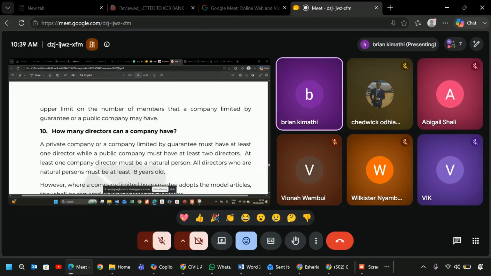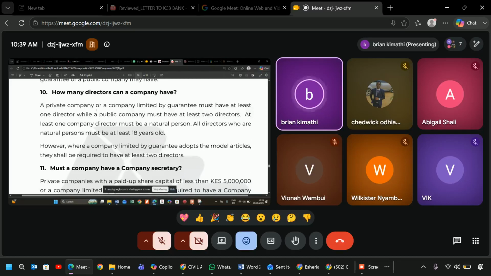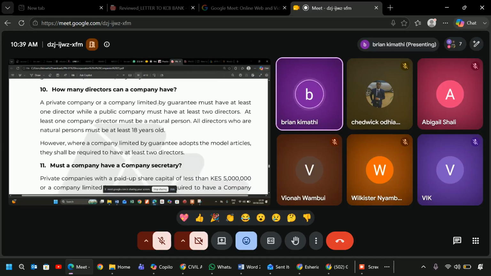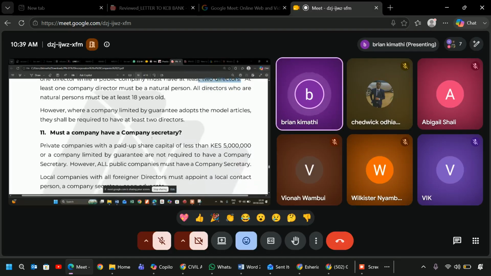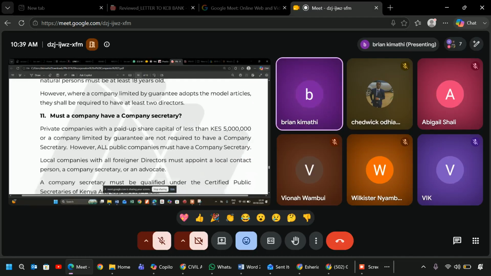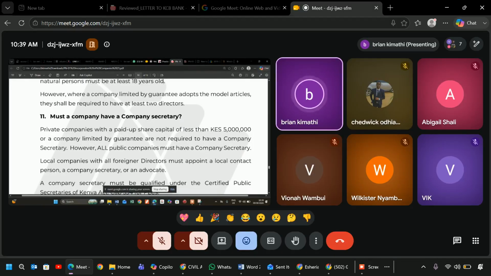How many directors can a company have? A private company or a company limited by guarantee must have one director, while a public company must have at least 2 directors. These are musts. At least one director of a company must be a natural person. All directors who are natural persons must be at least 18 years old for you to have capacity.